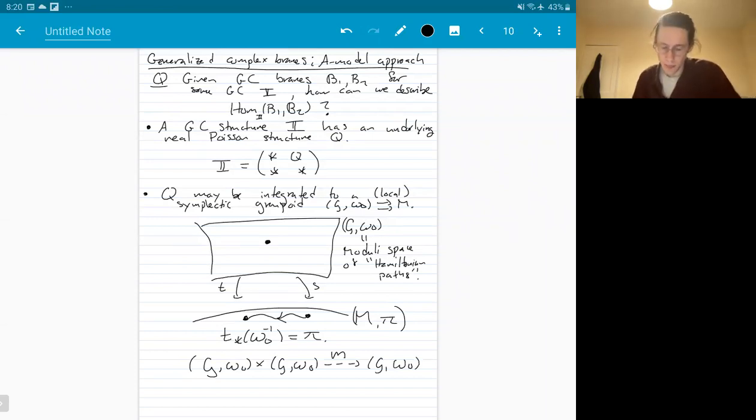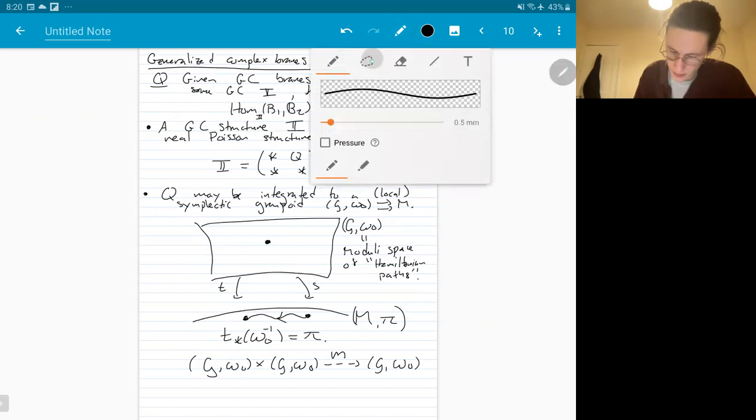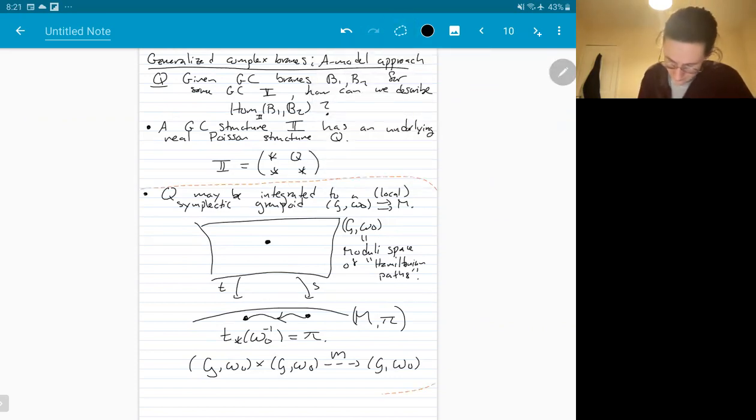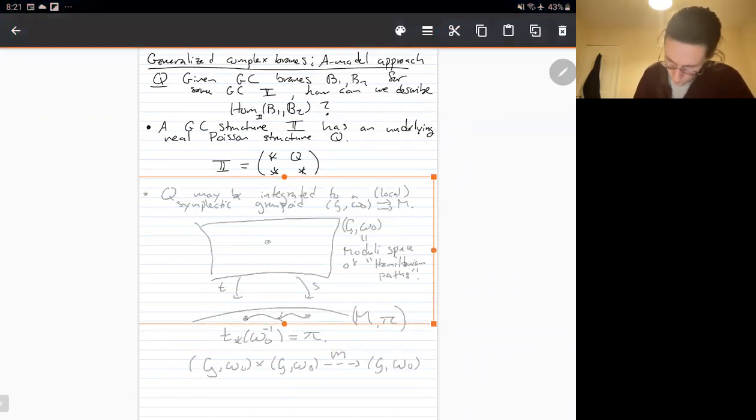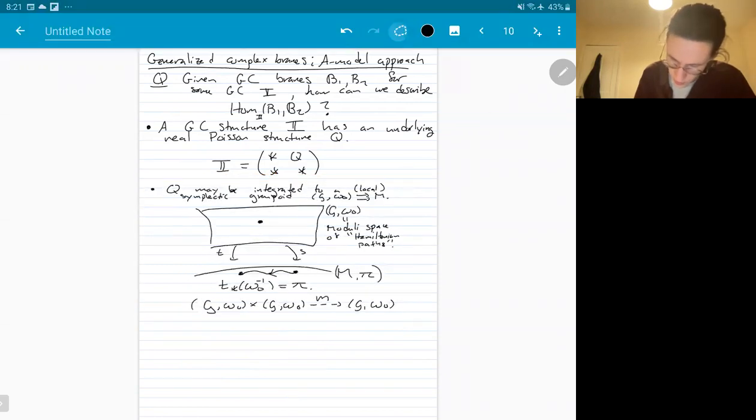And the reason that this is significant is that we have this symplectic groupoid, which is canonically associated to our Poisson manifold. So we can take its A model.